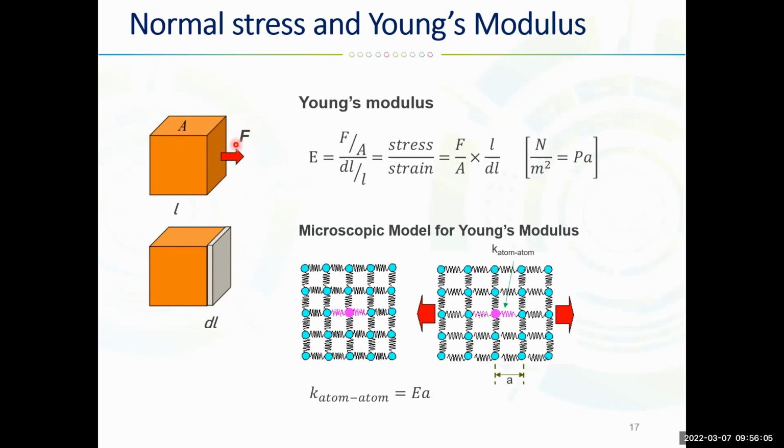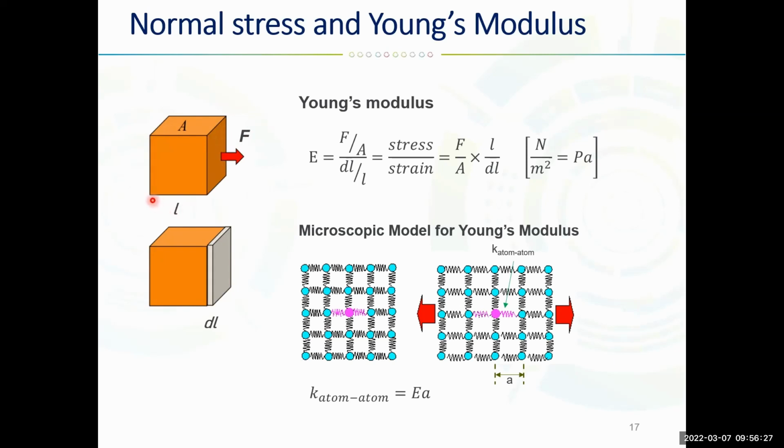So this is the normal force, right? There are other deformations that can be applied, for example tangential stress or hydrostatic pressure, but these two deformations are not terribly interesting for AFM. So we will focus on the normal stress that is perpendicular to the plane of this cube.